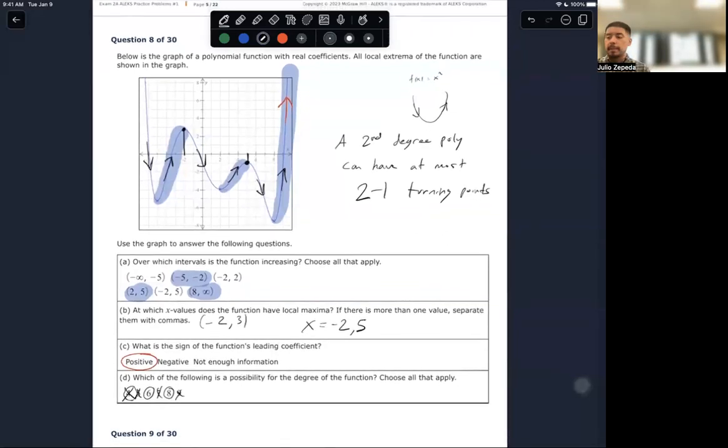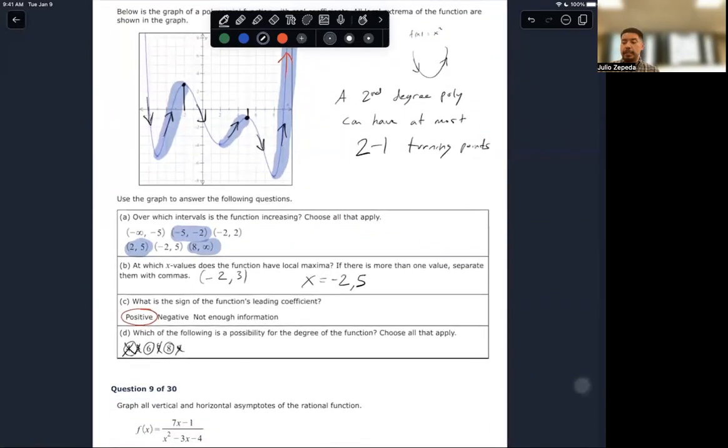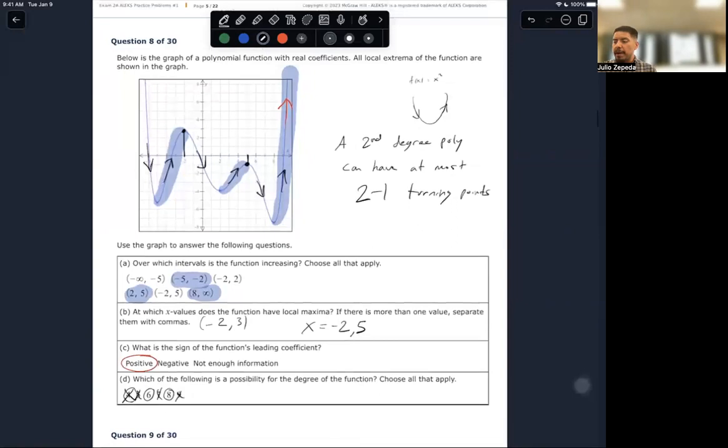How come it's 8? Let's see, it says which of the following is a possibility for the degree? Sometimes a polynomial might have some factors that repeat. So we might have a factor of like x minus 4 to the 3rd power.